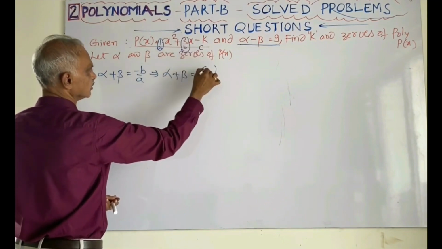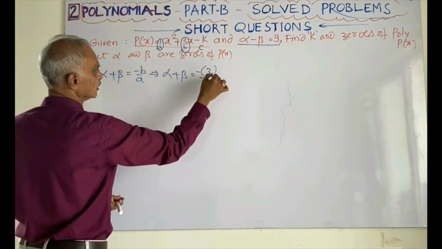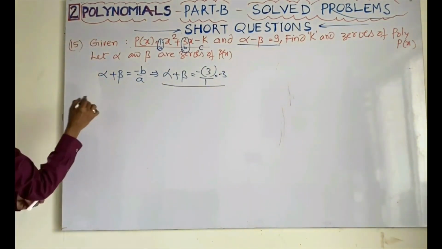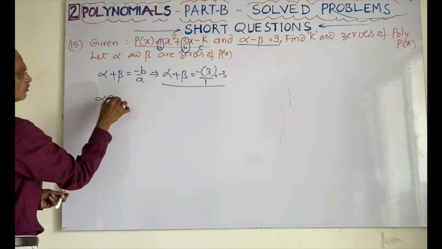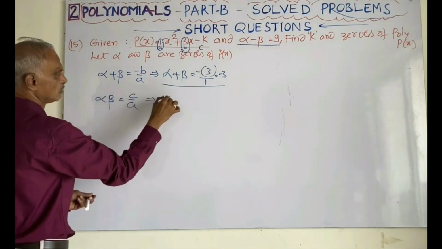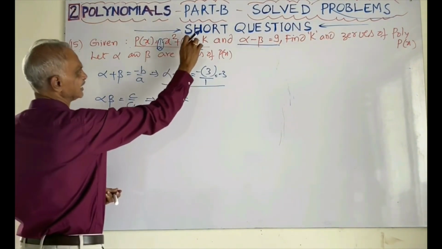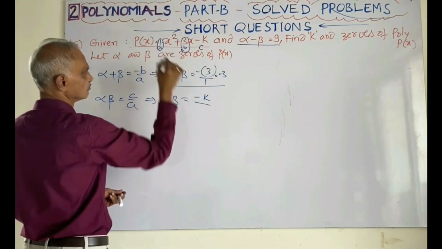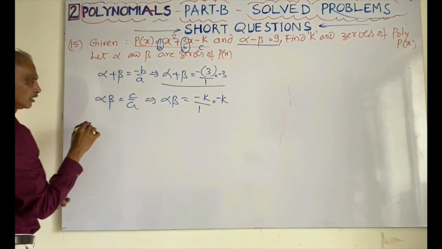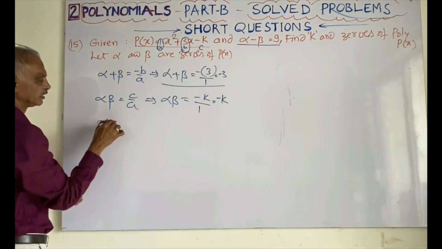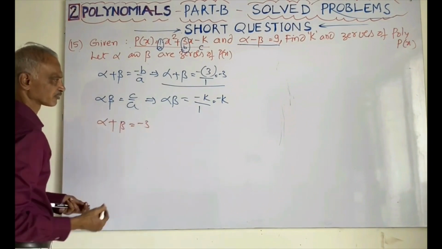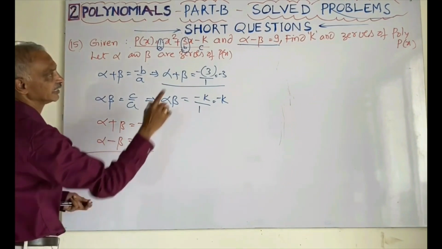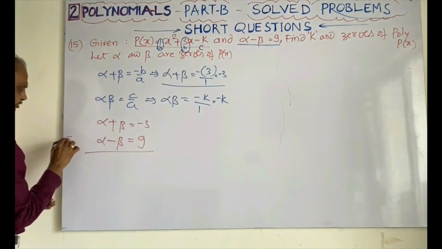Minus b by a is minus 3 by 1, so alpha plus beta is minus 3. Now product of zeros, alpha beta is c by a. What is c here? Minus k by a, which is 1, so alpha beta is minus k. You have alpha plus beta is equal to minus 3 and alpha minus beta is equal to 9, which is given.